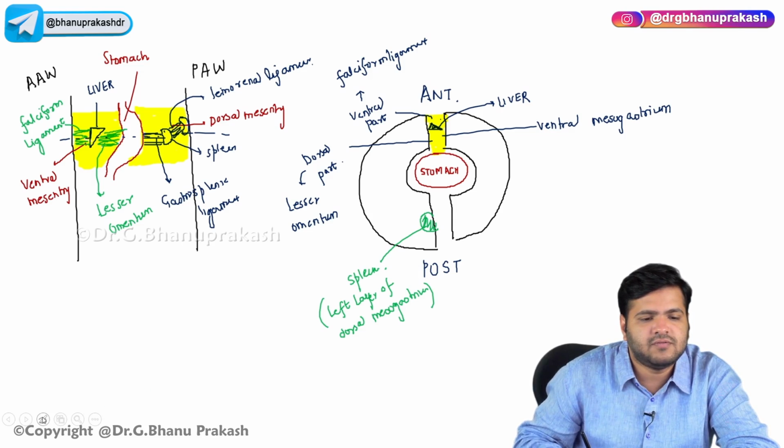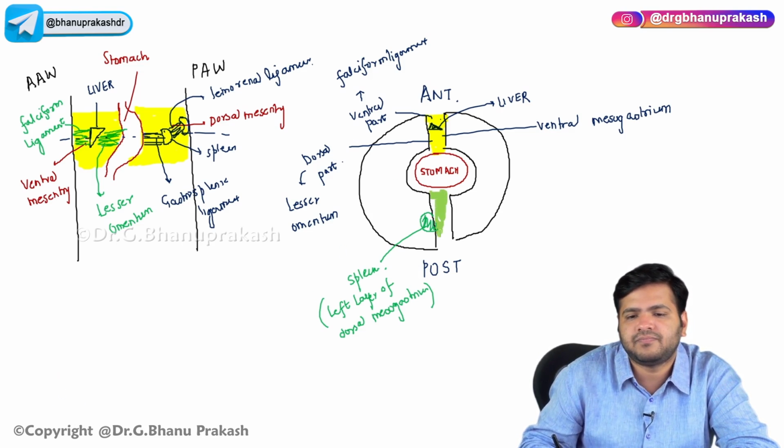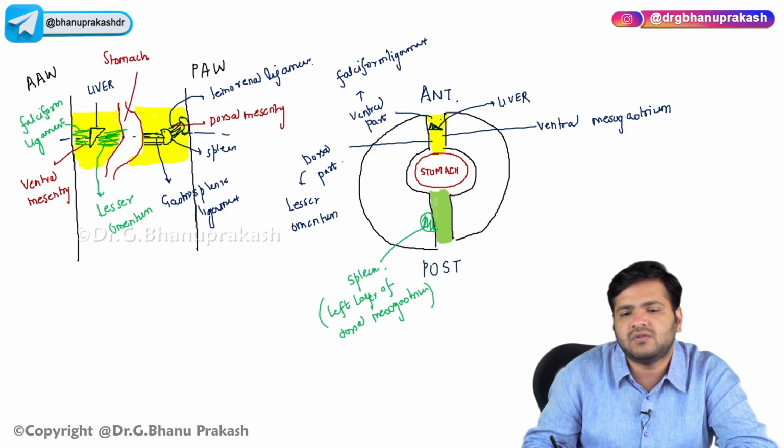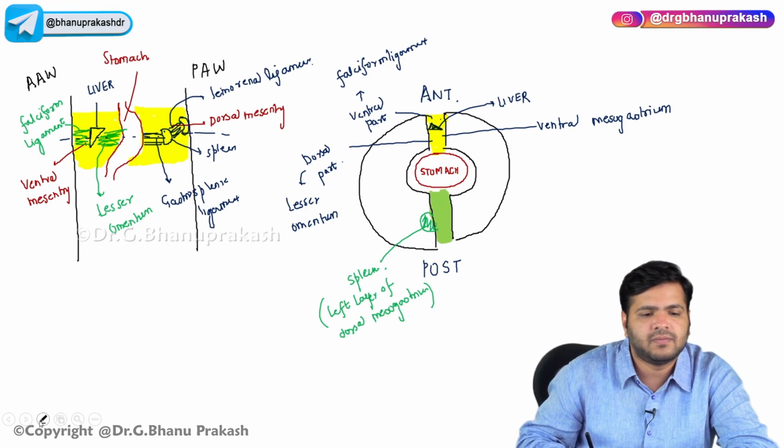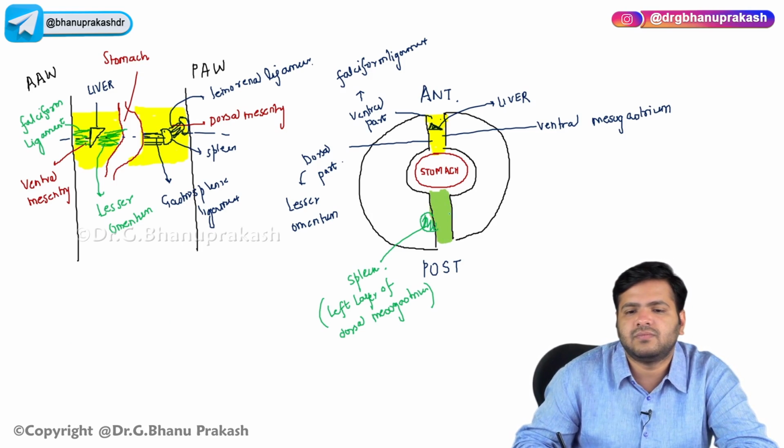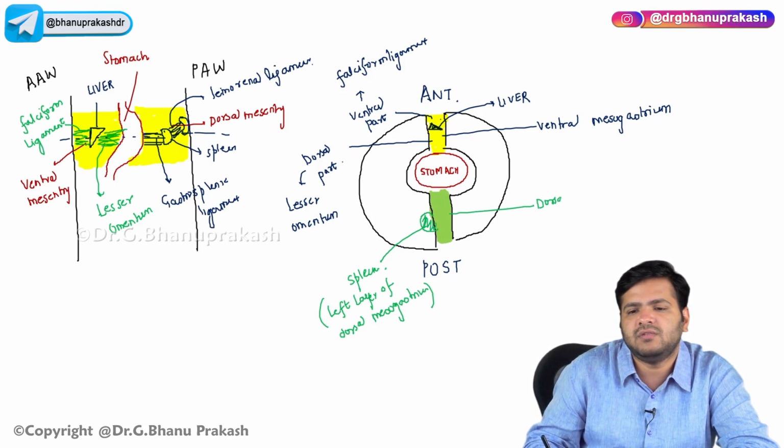So if you just want to highlight this, you can highlight this. This is the dorsal mesogastrium, right? This is the dorsal mesogastrium.